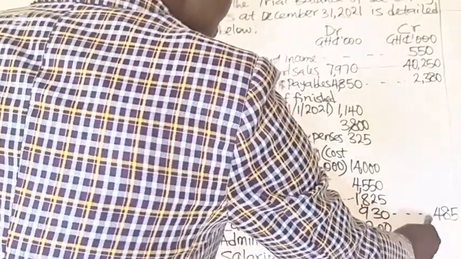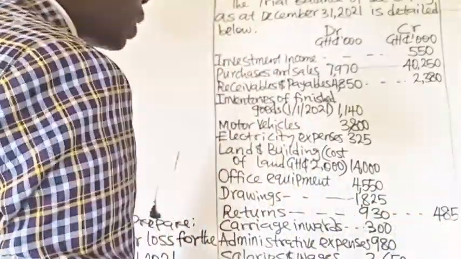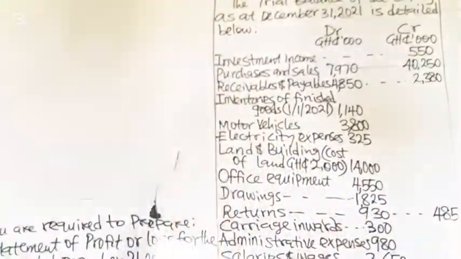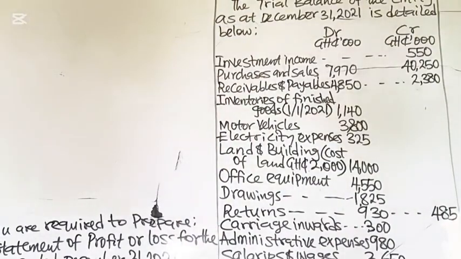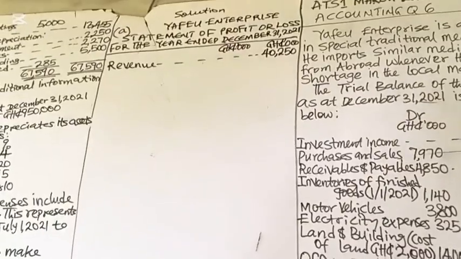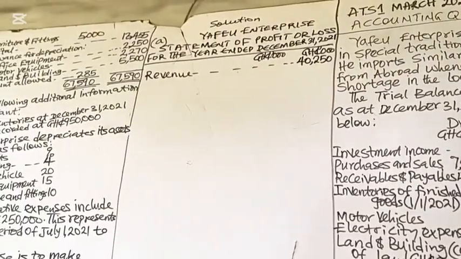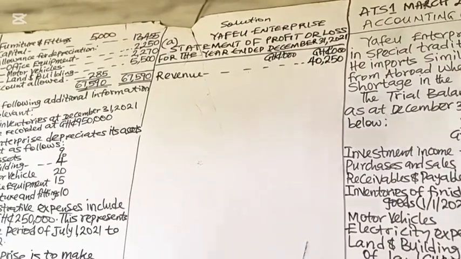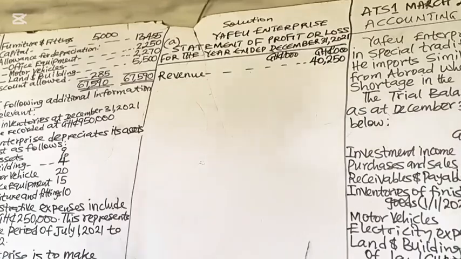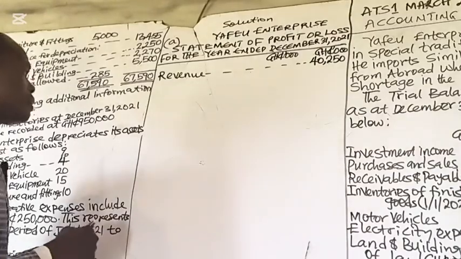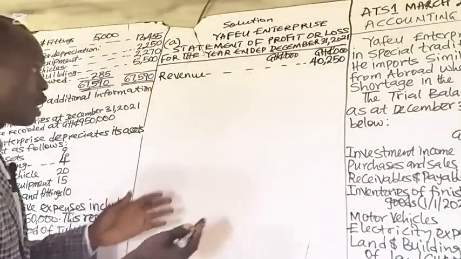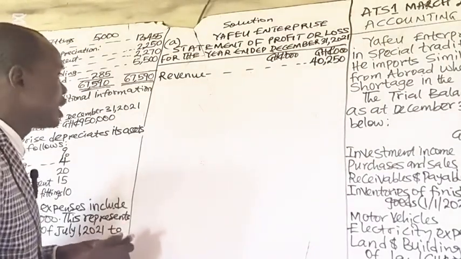Return outwards will be deducted from purchase when calculating cost of sales, while return inwards will be deducted from sales. And return inwards is also called returns on sales. So when goods are sold, the one returned by customers after sales have been made, since it was returned, that means it is no longer part of the sales being made.